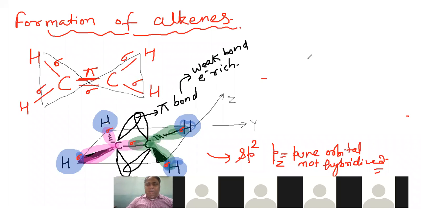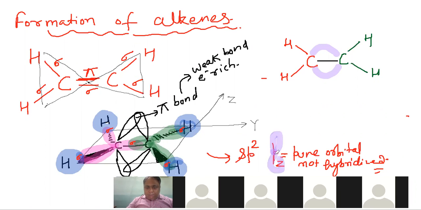Now we can draw it in this way. One carbon here, one hydrogen here, one hydrogen here. The other carbon here, one hydrogen here, and one hydrogen here. The pi cloud exists like this. Since p orbitals are dumbbell shaped, their overlapping will always be above and below the plane.